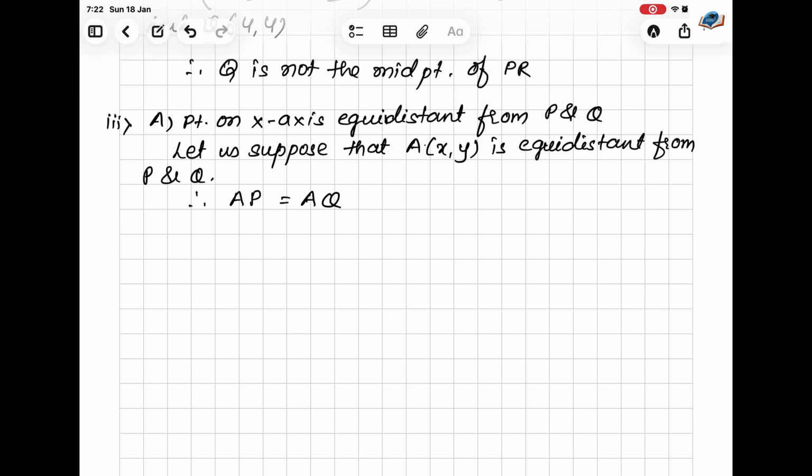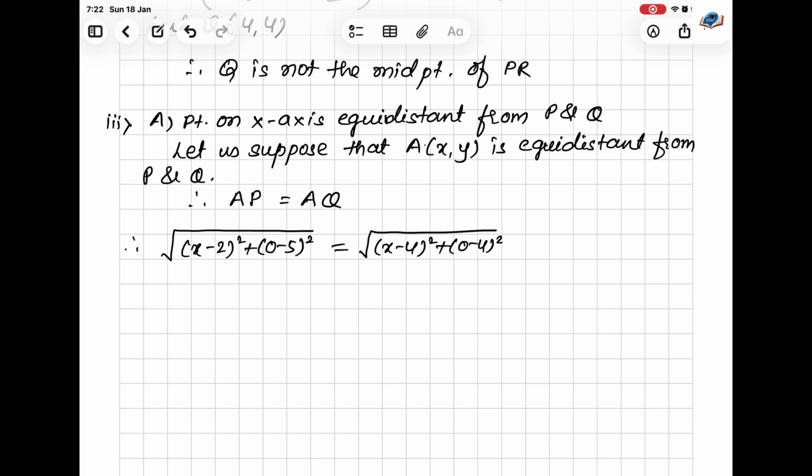So, if I put the distance formula, I will get x minus 2 whole square plus 0 minus 5 whole square should be equal to x minus 4 whole square plus 0 minus 4 whole square.